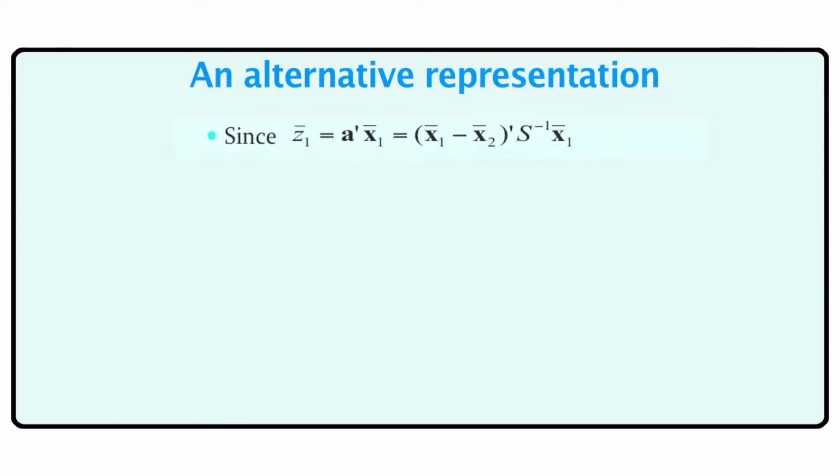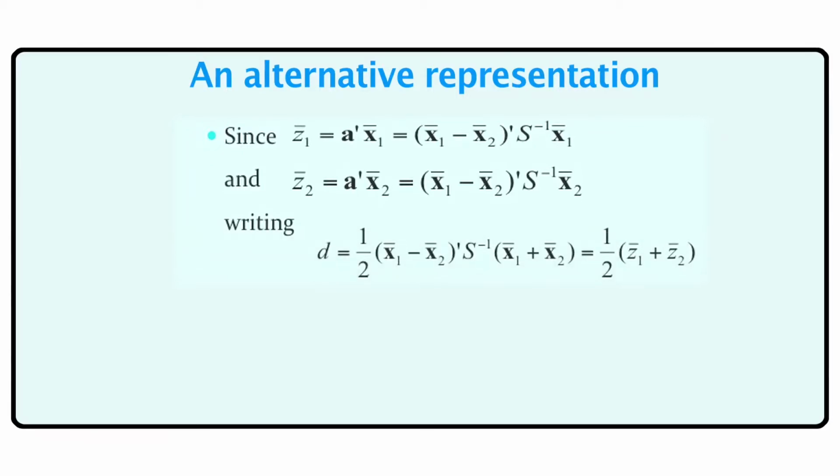Similarly, we can define z2 bar as a prime x2 bar, which is (x1 bar minus x2 bar) prime S inverse x2 bar. If we do this, then writing D as half of (x1 bar minus x2 bar) prime S inverse (x1 bar plus x2 bar), this is equal to half of (z1 bar plus z2 bar).